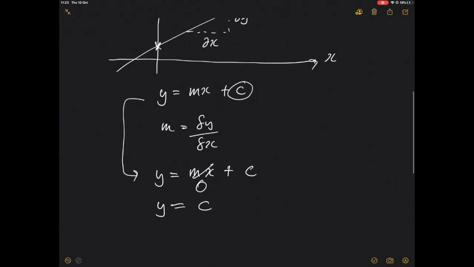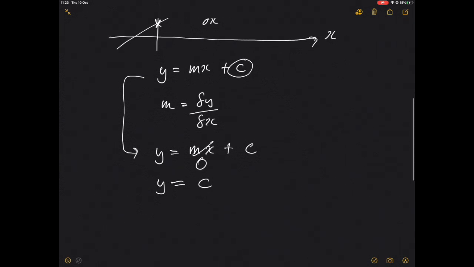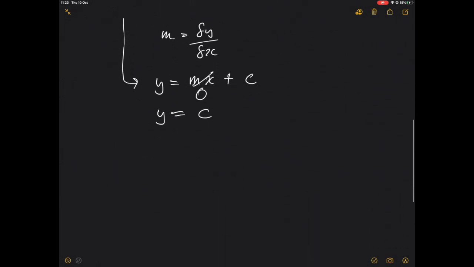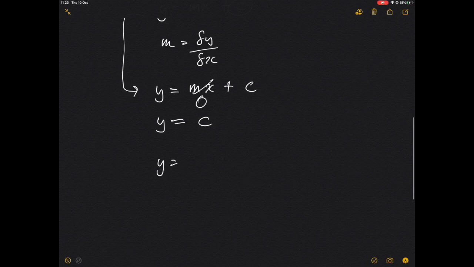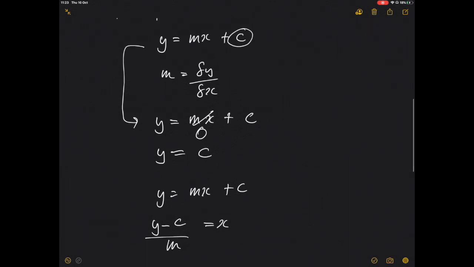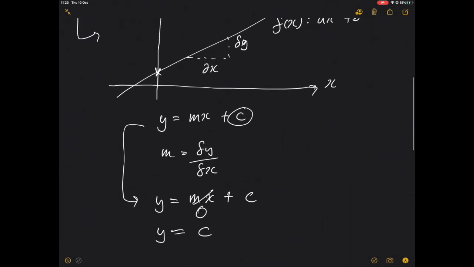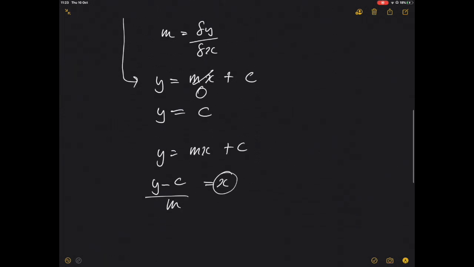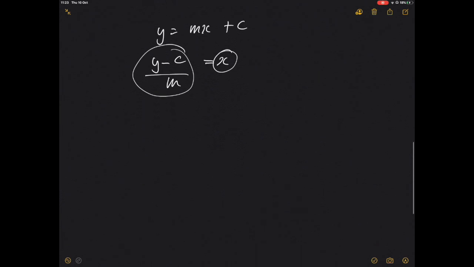Likewise, we could find out where it crosses the x-axis, and we can do this by some simple rearrangement. We have y equals mx plus c. By simple rearrangement, we find that y minus c all over m equals x. If we wanted to find our point on the x-axis where it crosses here, we would just use this simple equation, and that would give us our answer.